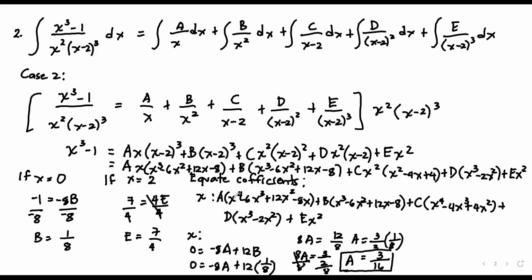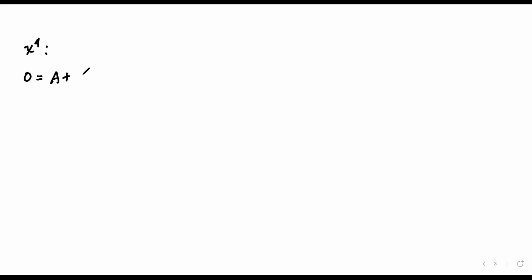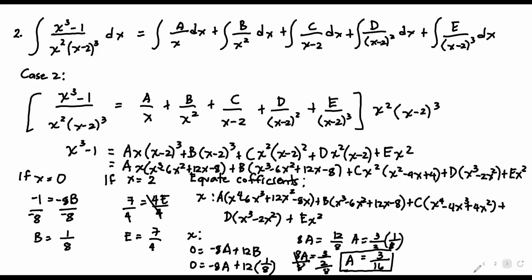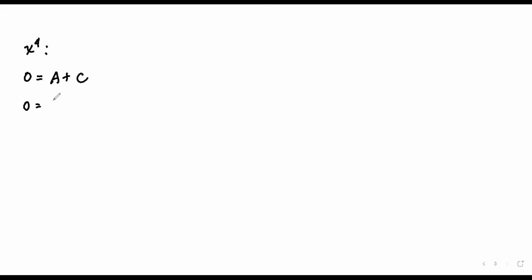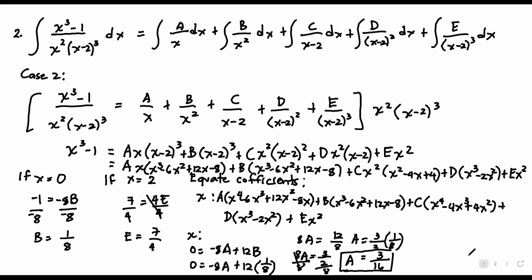For x to the fourth, we have A plus C. And we have the value of A, which is 3 over 16, and we don't know the value of C. Therefore, C is equal to negative 3 over 16. So we now have A, B, C. D is all that's left.